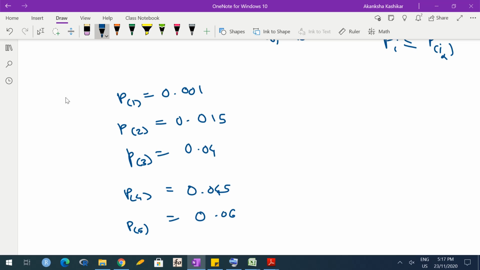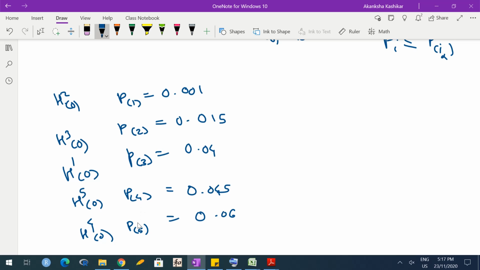Let us say that p1 corresponds to the second null hypothesis, H2 naught. This corresponds to the third null hypothesis, this corresponds to the first, this corresponds to the fifth, and this corresponds to the fourth null hypothesis.